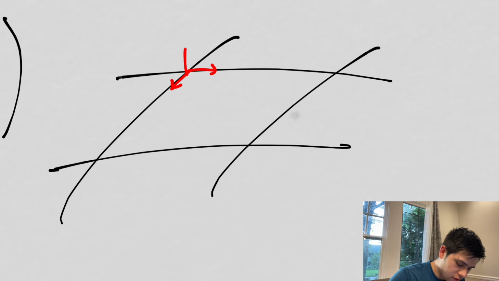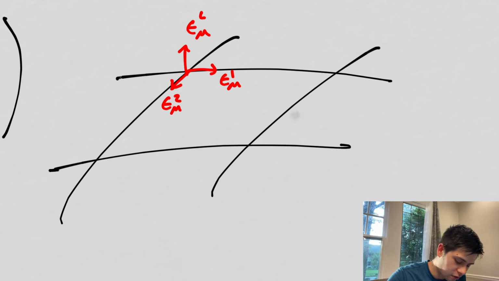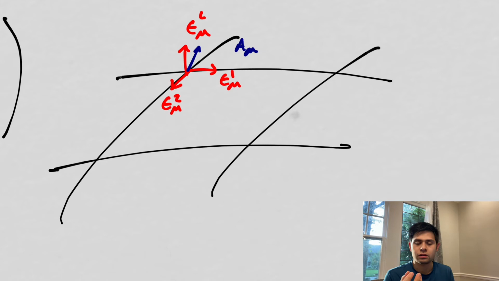These little basis vectors are longitudinal, like that. We have these little basis vectors at each point in space, and the 4 potential vector within that, which is A mu, exists as a combination of these polarization vectors as it's traveling throughout space-time.